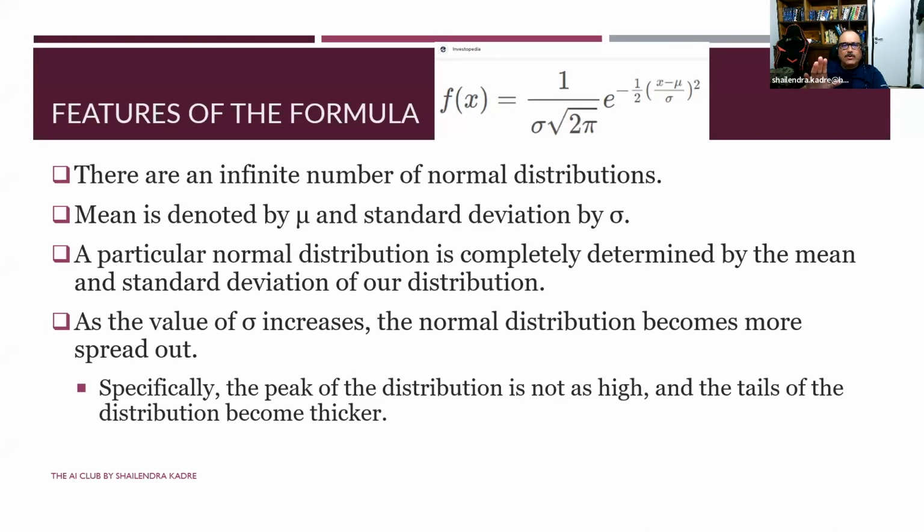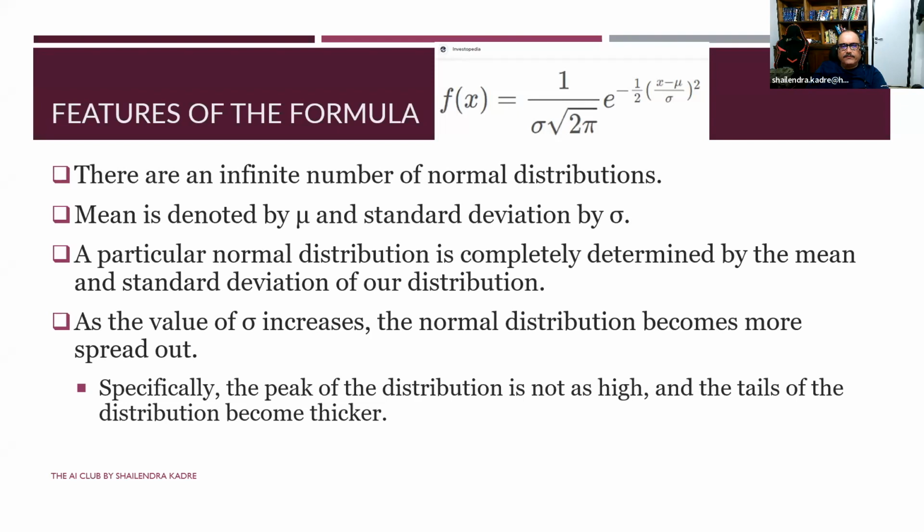Mean is denoted by mu and standard deviation by sigma. A particular normal distribution is completely determined by mu and standard deviation. So if you want to define the normal distribution, which is this formula, the two main variables are sigma and mu. If you know sigma and mu, your normal distribution curve is completely known, because we can put the values of sigma and mu, and then with the help of x we can find the value of f(x). f(x) is nothing but your y.